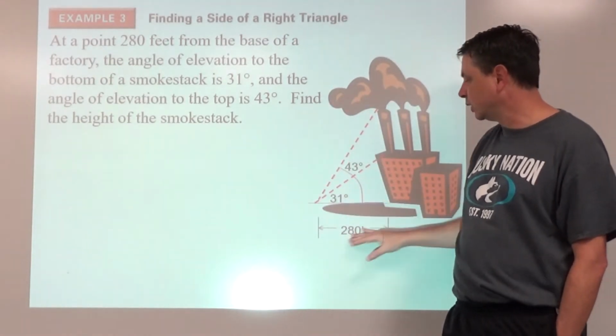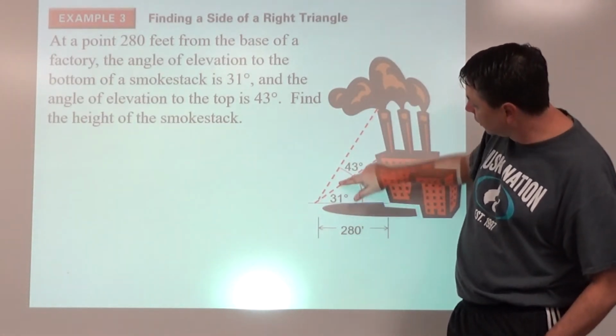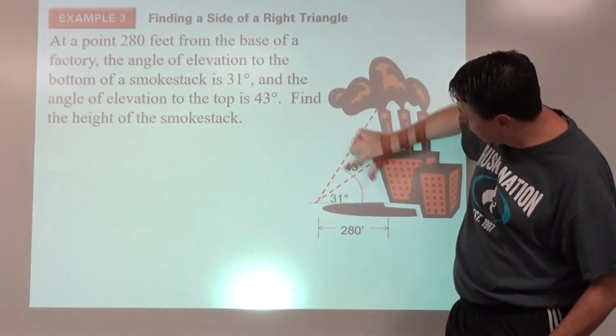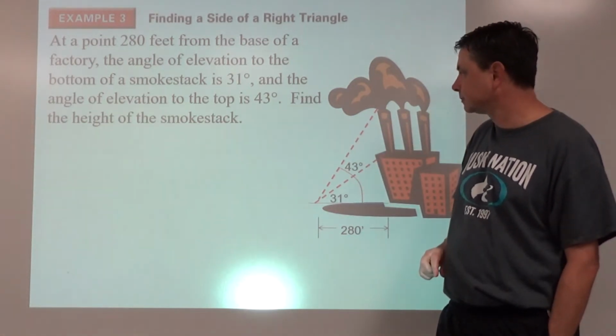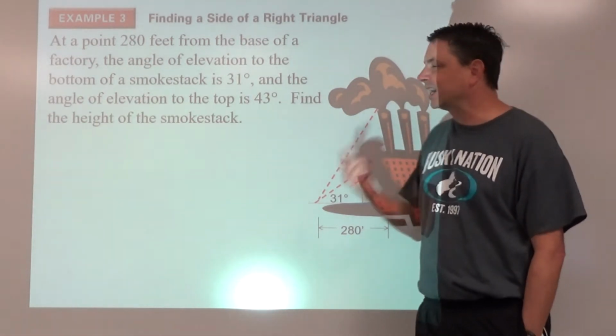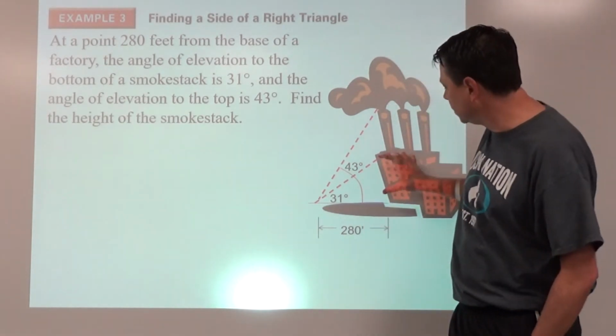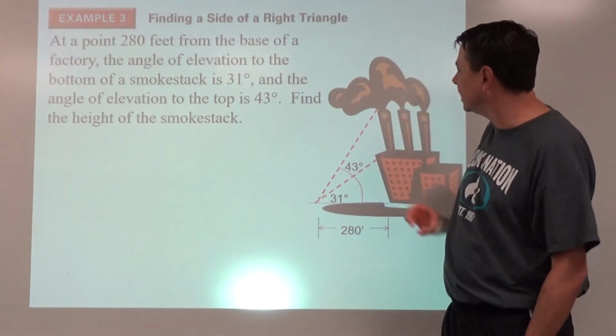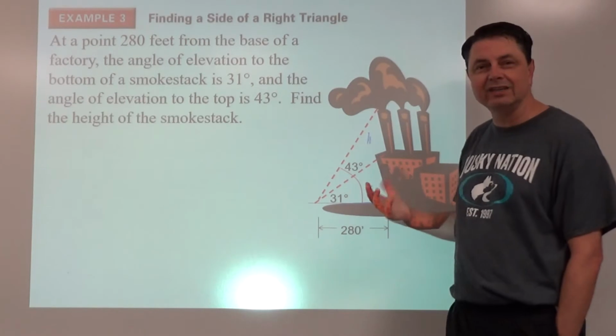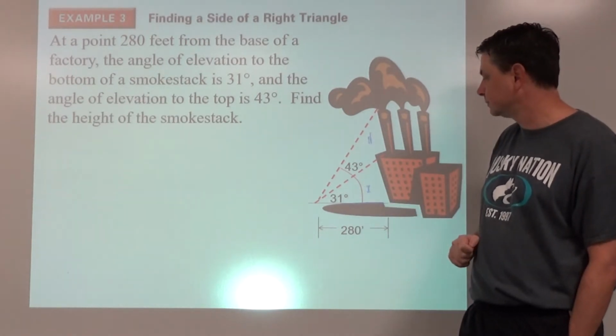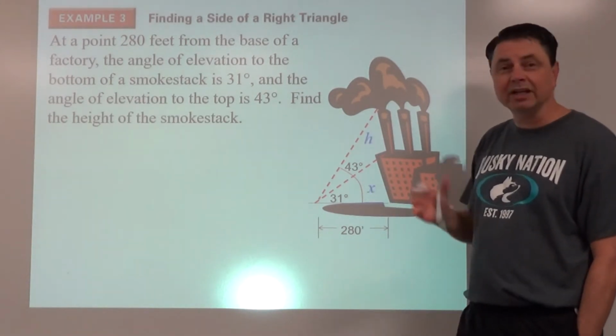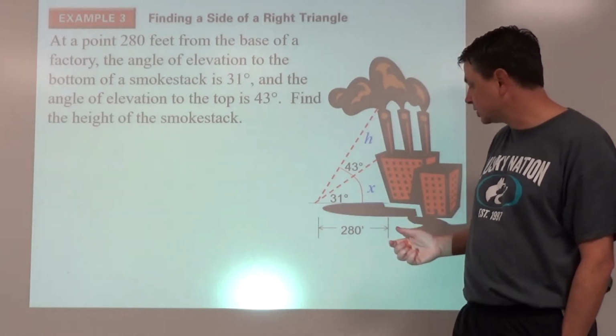So we've got a situation that looks like this: 31 degrees here, 43 degrees here. And we've got a couple unknowns. We've got unknown height of the building, unknown height of the smokestack. So we'll need variables for both of those. We're probably going to need a couple different trig equations.